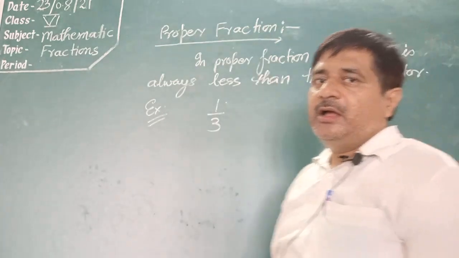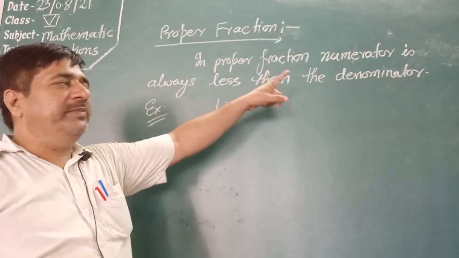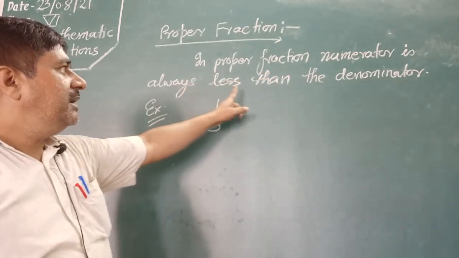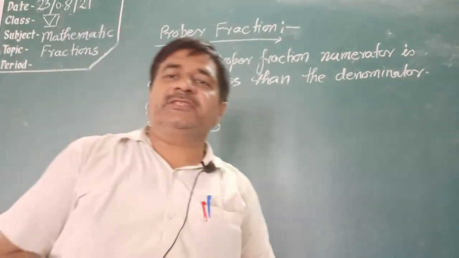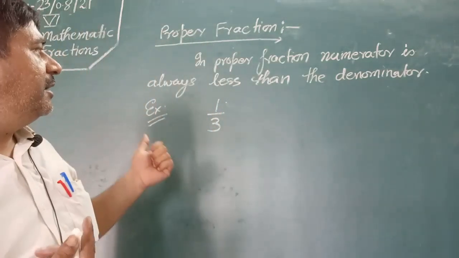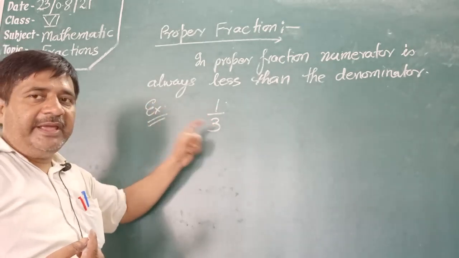What is a proper fraction? In a proper fraction, the numerator is always less than the denominator. For example, 1 by 3.